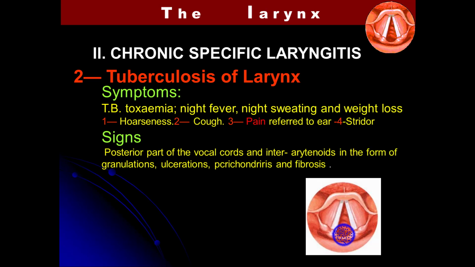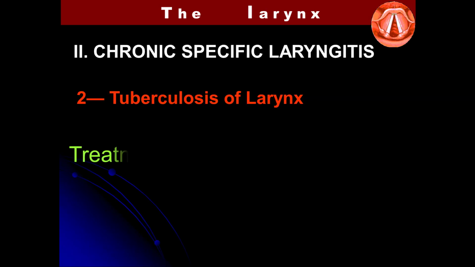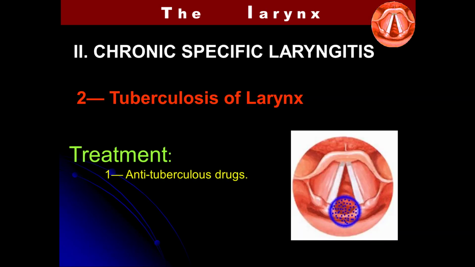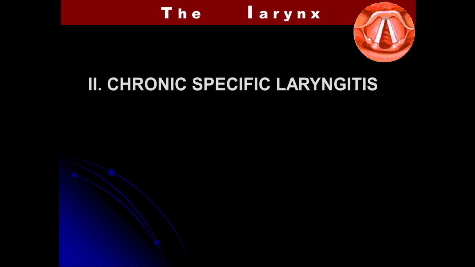In TB of the larynx, it usually affects the posterior part of the larynx in the interarytenoid area, due to stagnation of sputum in this area and implantation of the organism. Investigations are the usual ones for TB, like sputum for TB bacilli, chest X-ray, direct laryngoscopy and biopsy. For treatment, we refer the patient to the chest department for antituberculous drugs, and tracheostomy if indicated.